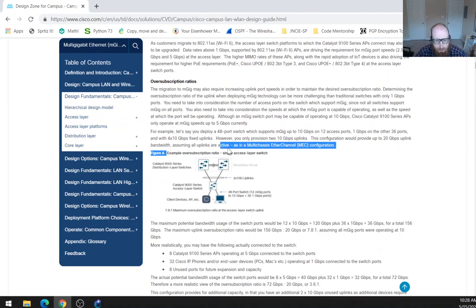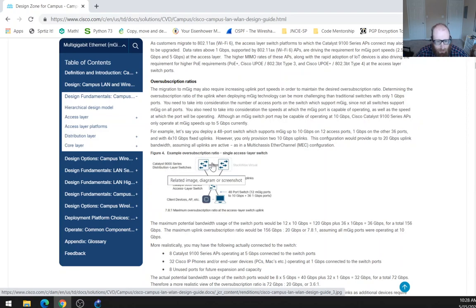Example: oversubscription ratio, single access layer switch. So here we've got stacked Catalyst 9000 distribution layer switches, and then we've got them with port channel. We've got Catalyst 9000s, which is the access layer switch.